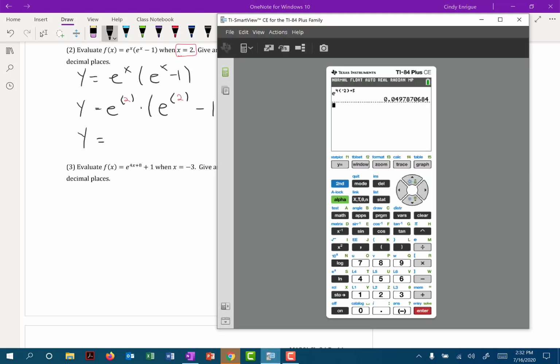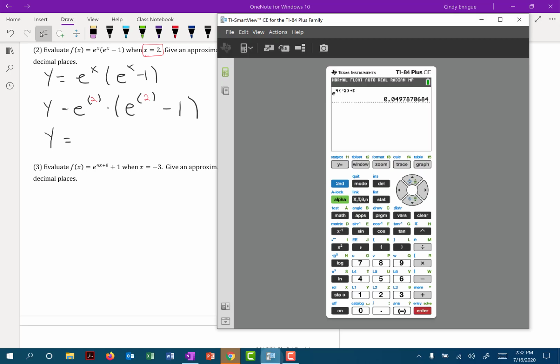So now I'm going to plug that into my calculator. So I'm going to have e to the 2 power, so e squared, times parentheses, there's my e again, and it's squared, and I subtract 1 and close my parentheses.